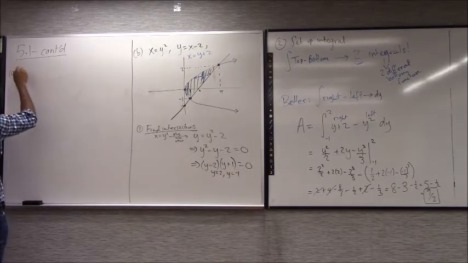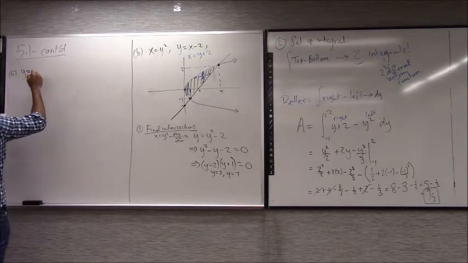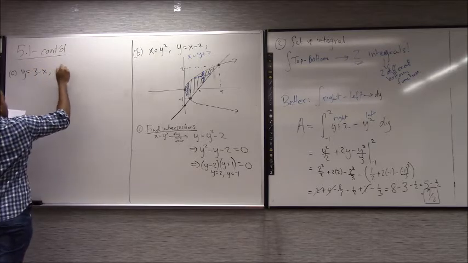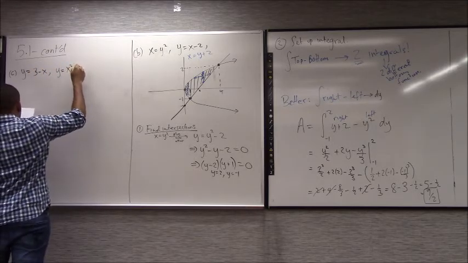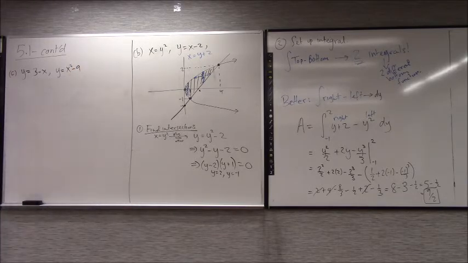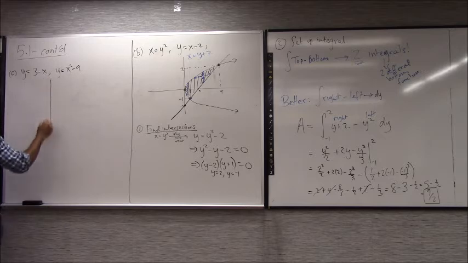Third example. Y equals 3 minus x. Y equals x squared minus 9. Okay, what do we do here? You didn't sketch it? What does 3 minus x look like?